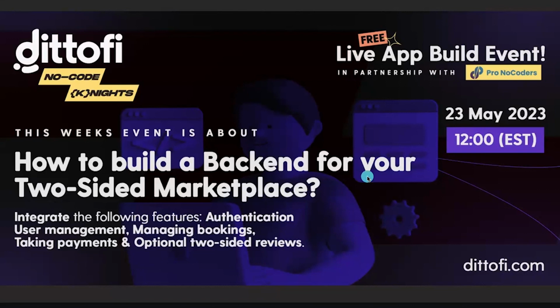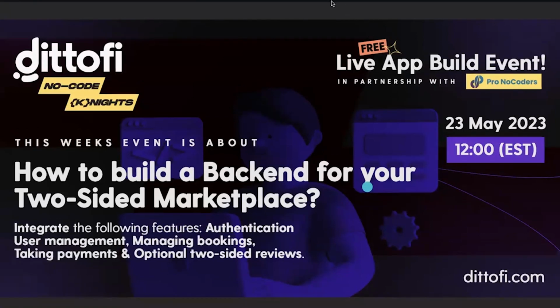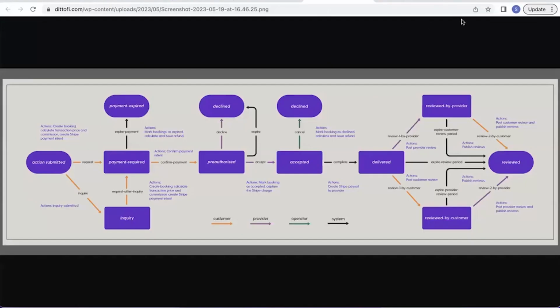So if I just close this down a second, I'm going to bring up this screenshot, which is similar to what we looked at last week. This looks a little bit complicated, but we're basically going to break down these different components in order to explain and build up a whole transaction flow.